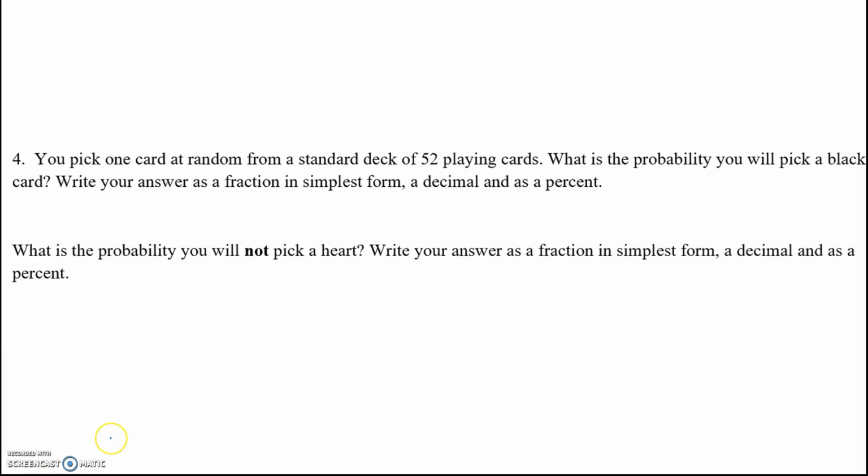Okay, so we know our total in a deck of cards is 52, right? So how many are red? Okay, so we know that diamonds are red, and hearts are red.